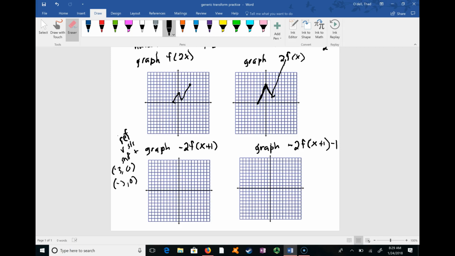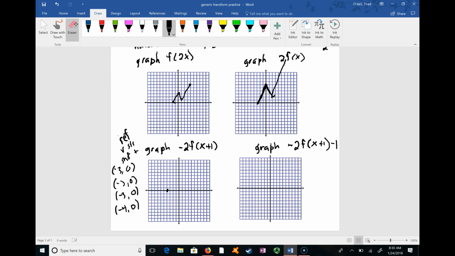And of course, the y-coordinate is 0, so it's still going to be negative 3, 0. And then finally, I'm going to apply this shift to the left one, which means the x value is going to be 1 less. So I end up with the point negative 4, 0. So that yellow point ended up going 1, 2, 3, 4. Now that one wasn't very interesting because 2 out of the 3 transformations didn't produce any change.